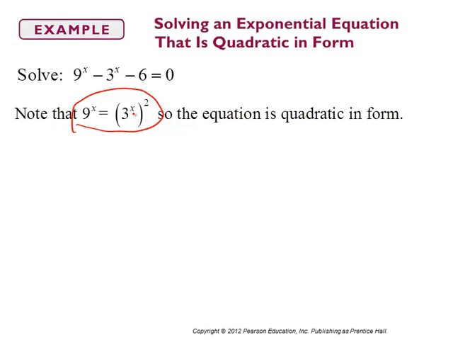Does everybody understand this equivalency? You know that 9 is 3 squared, right? So that means that 9 to the x power is equal to 3 squared raised to the x power. But a property of exponents says that this is going to be the same as 3 to the 2x. But then you can say that's the same thing as 3 to the x power squared.